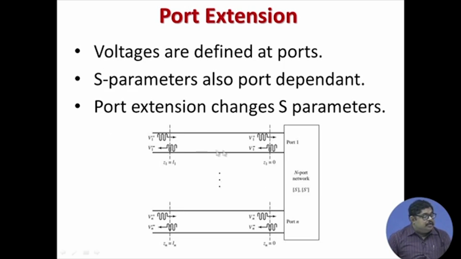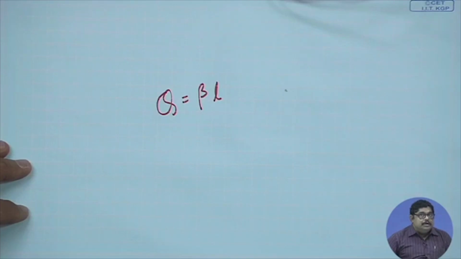So, for a lossless transmission line of physical length L, the electrical length is theta, and the relation is theta is equal to beta into L. So, the electrical length of this one is theta.